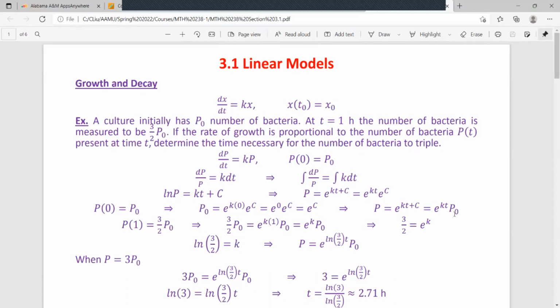Just replace e to the C by P0. That solves the problem, but still we don't know what k is. We know k is a constant, but we don't know its exact value. That requires the condition in the problem that at t equal to 1, P is 3/2 P0. So we can use that to determine k.